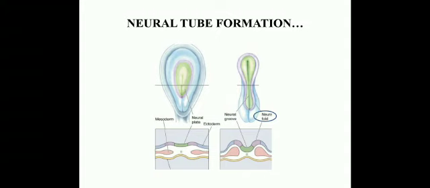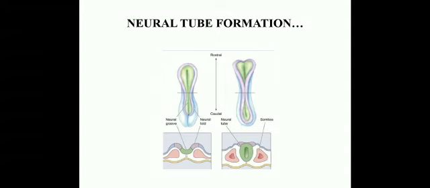Here we can observe the purple colored structure above the neural groove, which is called the neural folds. As a result, the center of the plate sinks, creating the neural groove. The neural folds gradually move towards the midline and finally fuse to form the cylindrical structure called the neural tube.